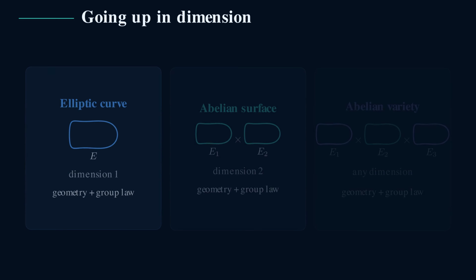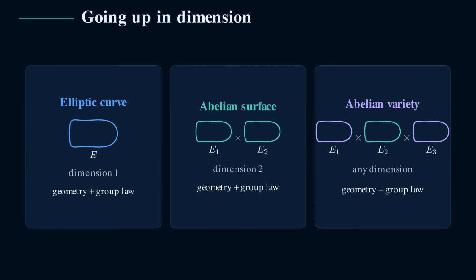The attack leaves the world of single elliptic curves and moves into higher dimensional abelian varieties. An elliptic curve is a one-dimensional geometric object that is also a group. An abelian surface is the two-dimensional version. The simplest example is a product E1 times E2.